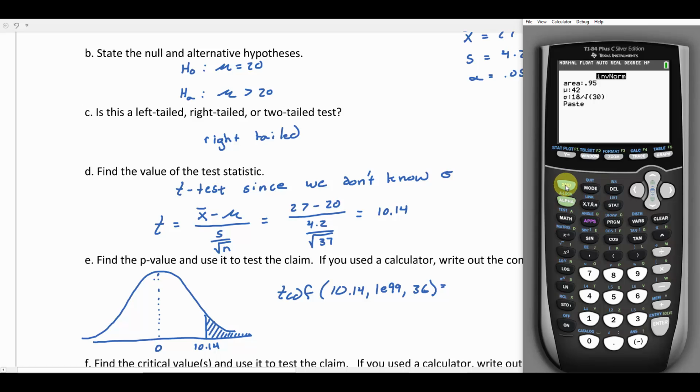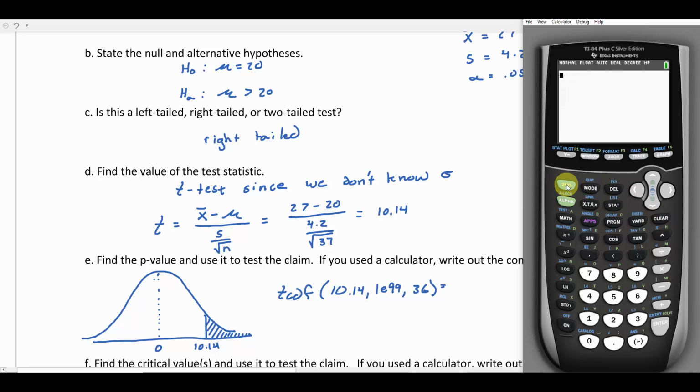I'm going to go second vars and we'll go down to option 6 right here where it says TCDF, and we'll enter in all of our stuff. Oop, I accidentally did inverse norm. So we want to go to option 6, TCDF. My bad, guys.